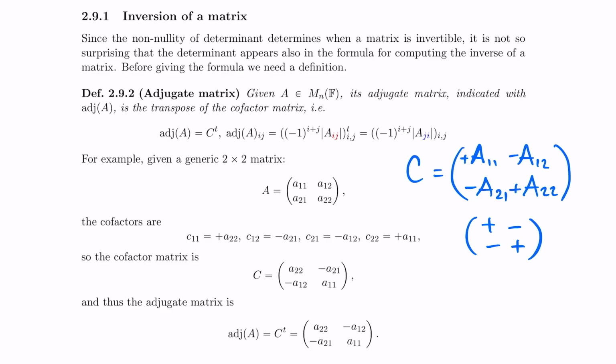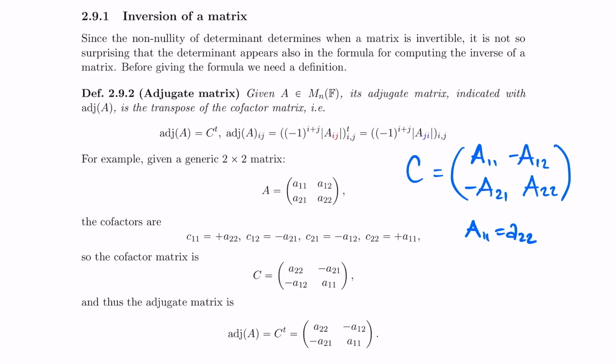Of course, we avoid writing plus here and here, and we can pass to the computation of the minors. The minor A11 is the determinant of the submatrix obtained by erasing the first row and the first column of A, and so it's the determinant of A22, but since this is a scalar, it's just this scalar here. So we can write minor A11 equal A22.